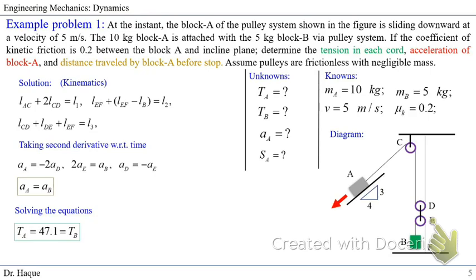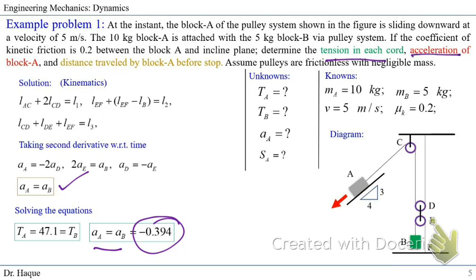So tension A here, and tension B is the same, which is 47.1. Plugging into equation 1 or 2, since acceleration A equals acceleration B, we get acceleration A equals acceleration B equals negative 0.394. So we have solved for the tension in each chord, and we got the acceleration of block A.